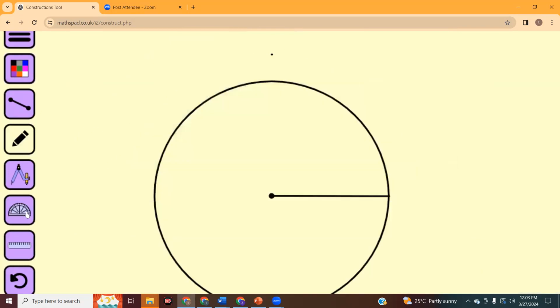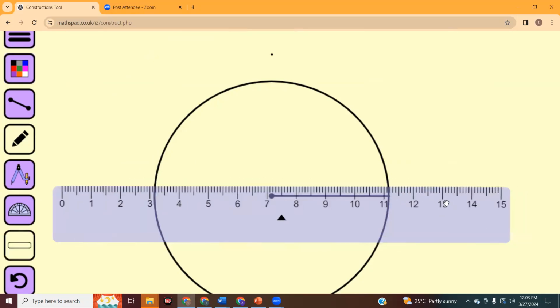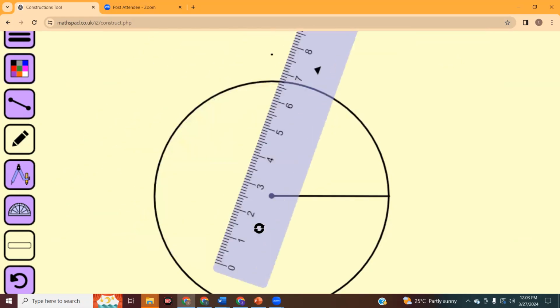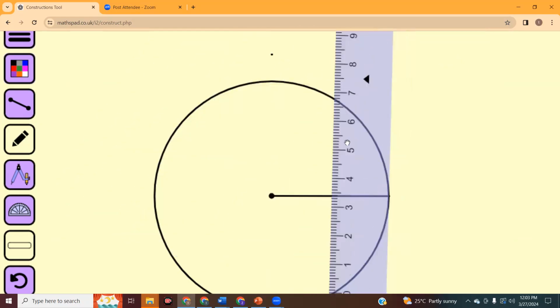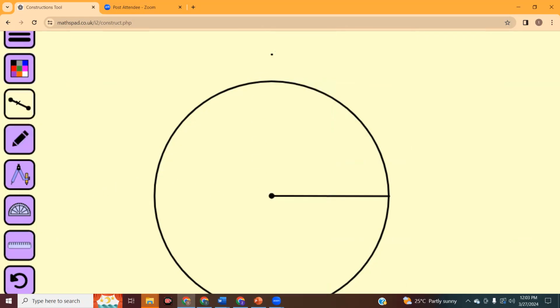So what we need to do is use a ruler and adjust it so that we can draw a straight line from this point all the way to that point. Since I'm using technology, I'm just going to draw a line segment from this point to this point.